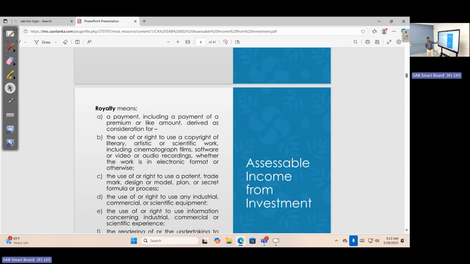So in this category, royalty, software is also part of it. Payment for the royalty.